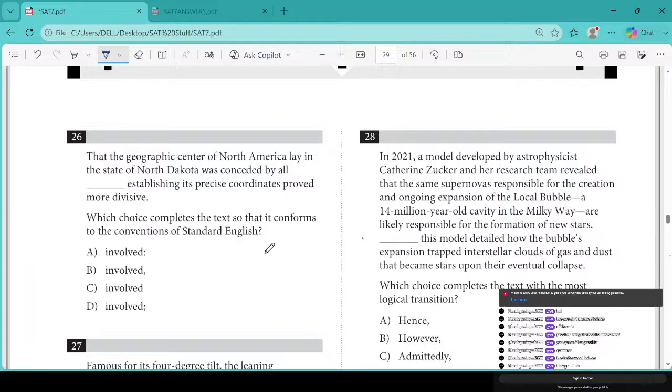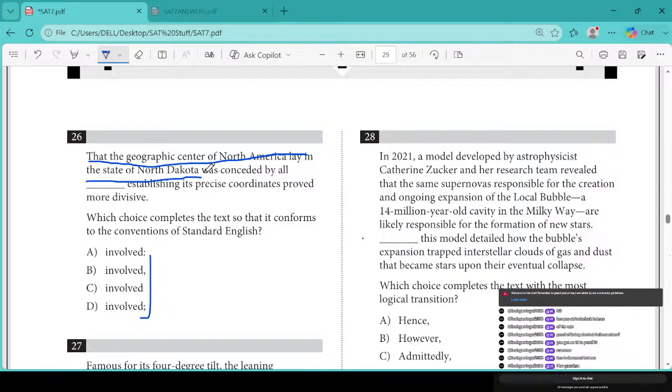Let's move on to question number 26. This is also testing punctuation again. Okay, that the geographic blah blah blah, I think that should be the whole phrase that is the subject.